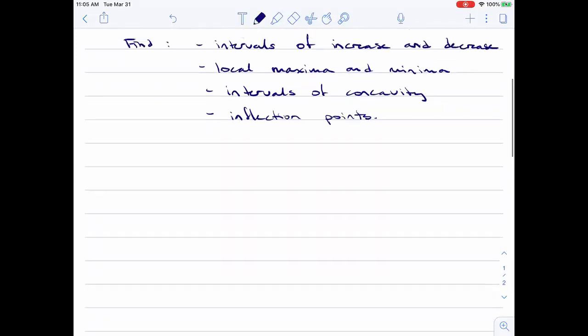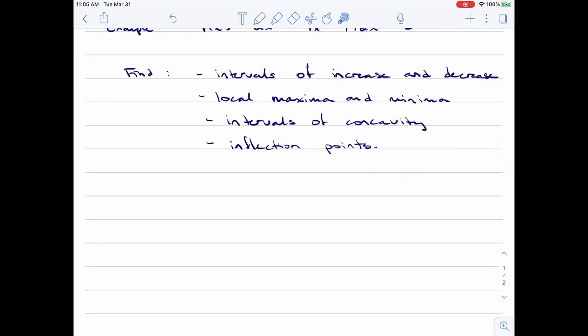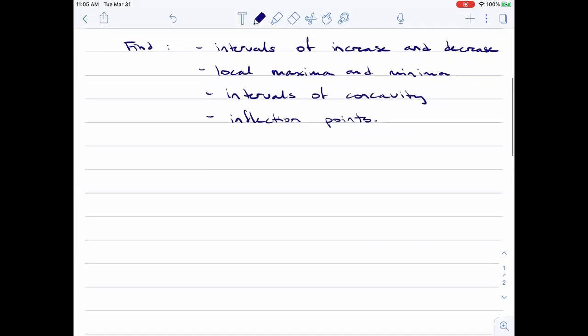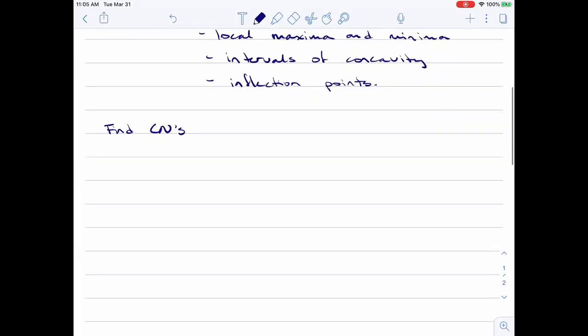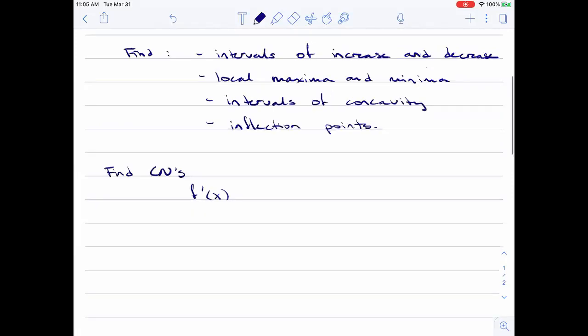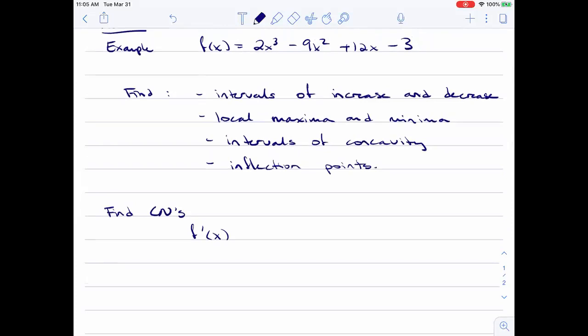So we'll get started here. We rely on critical numbers for the intervals of increase and decrease, and so we have to find critical numbers. For the derivative of f, if f of x is this polynomial, the derivative is nice and easy.